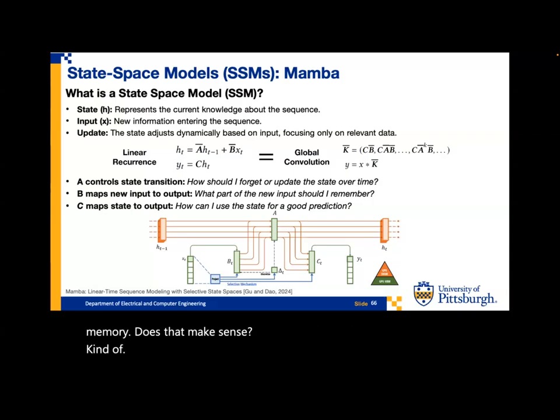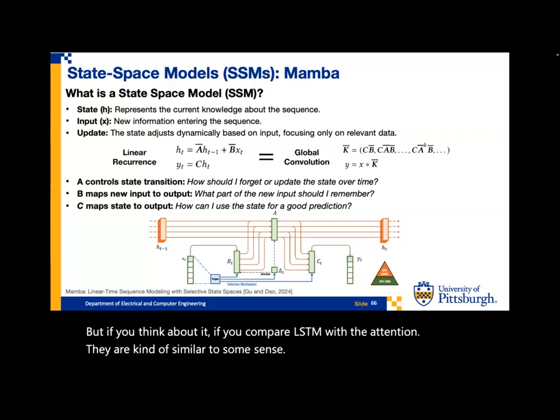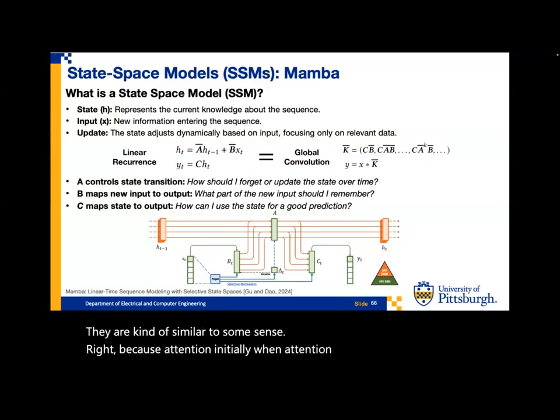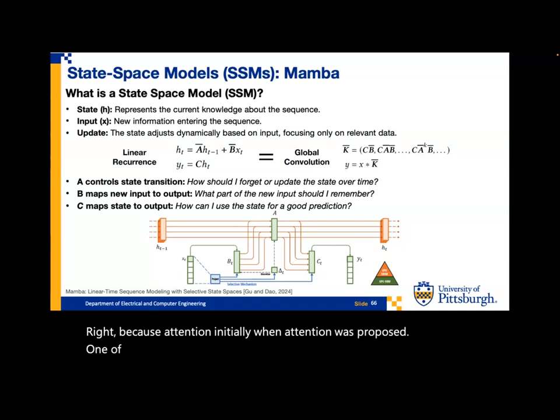But if you think about it, if you compare LSTM with attention, they are kind of similar in some sense. Right? Because when attention was initially proposed, one of the goals was to replace all these recurrent neural networks for language translation.